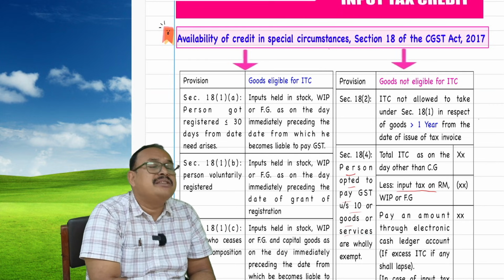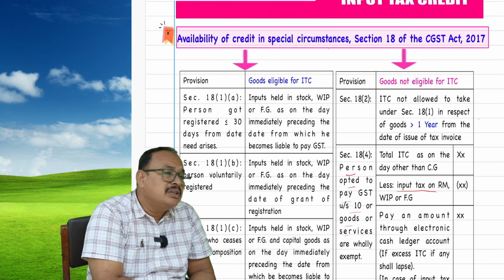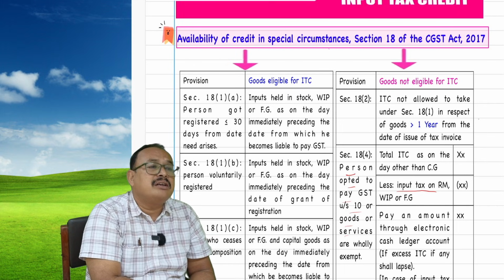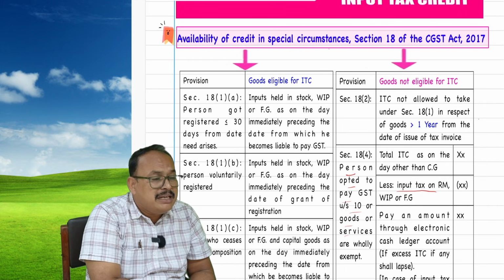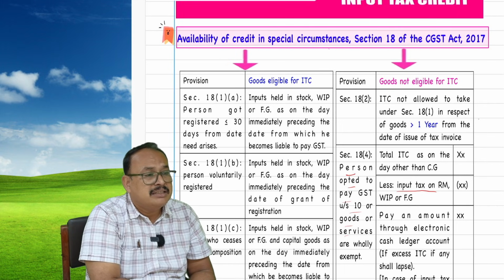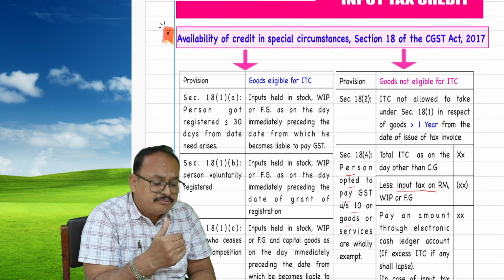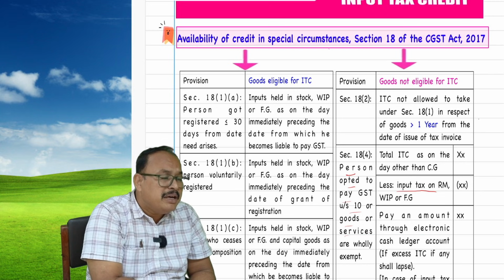Section 18 subsection 3 talks about amalgamation, absorption, demerger, and sale of the entire business: the transferee is eligible to claim the ITC of the transferor.